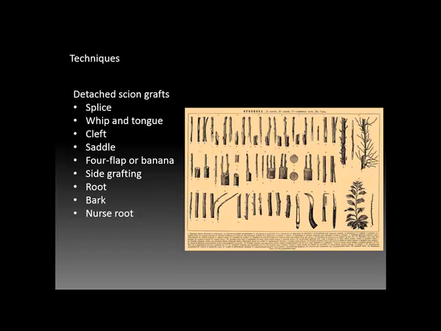So here's another chart with examples of many of the different types of grafts that are available, and we just worked with whip and tongue and cleft grafting in our exercises, but you can see there's many other specialty techniques and ways of getting plant tissues to unite and grow together.